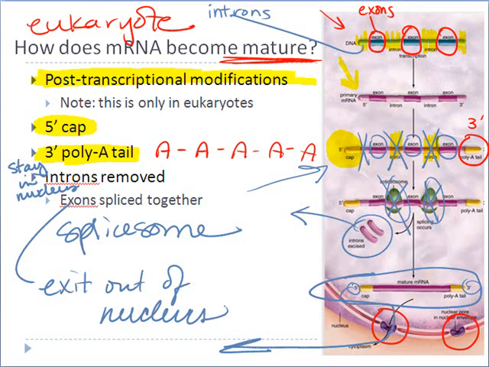They are events that allow us to get that messenger RNA ready to move out of the nucleus. The reason we do not see these events in prokaryotes is because prokaryotes don't have a nucleus, so there's no need to go to these different events to get the messenger RNA prepared for exit out of a nucleus when there's no nucleus to be had.